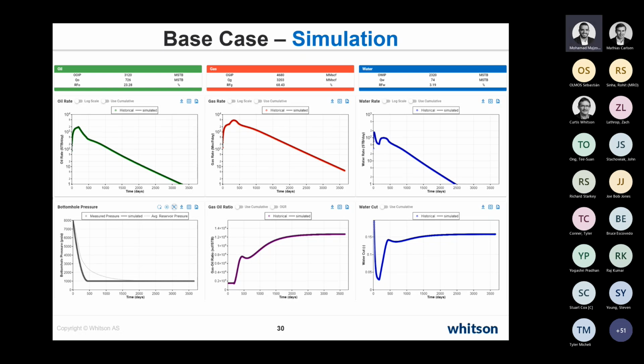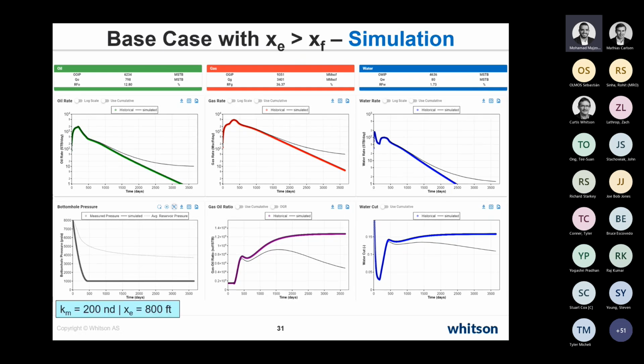So we're still using the same base case, and in this case what we're going to do is add volume beyond the frac tip. Here again, what's marked in green is the base case, and what's in black is the case with volume beyond the frac tip. The base case has no volume beyond the frac tips, and the black case has volume beyond the frac tips.